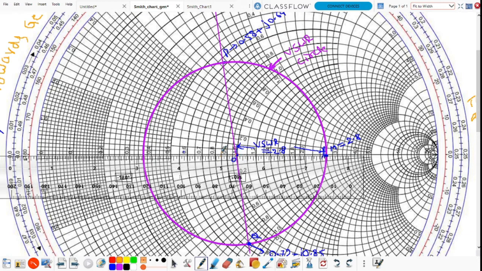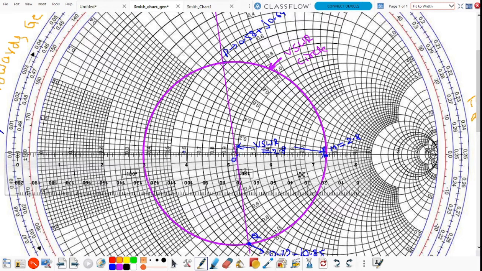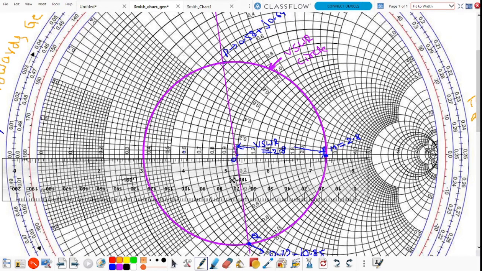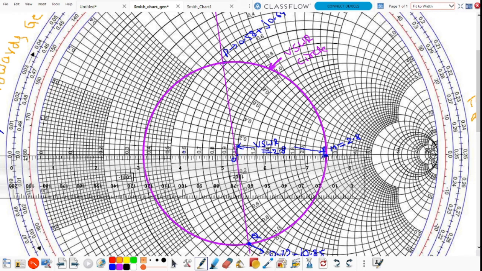The first voltage minimum from the load lies along the horizontal axis, to the left side end of the Smith chart. In this Smith chart, this is the left side and this is the right side. So draw the horizontal axis to the left side of the Smith chart.